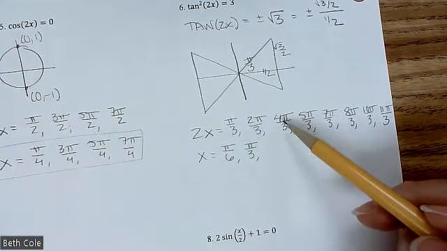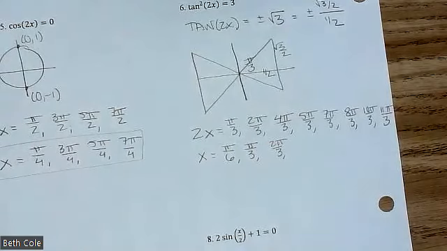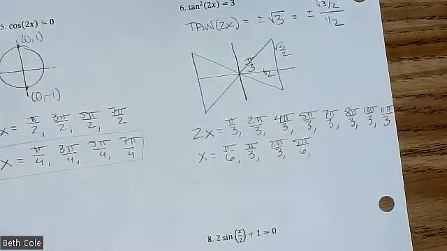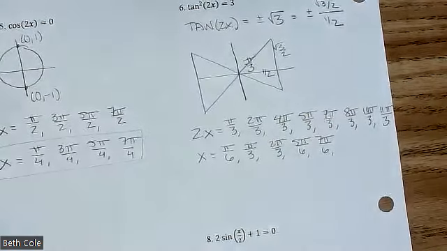Or I guess it's not every other one because this one's going to reduce as well. This one would be 4/6, which would be 2/3. This one would be 5/6, which doesn't reduce. This one would be 7/6, which also doesn't reduce.